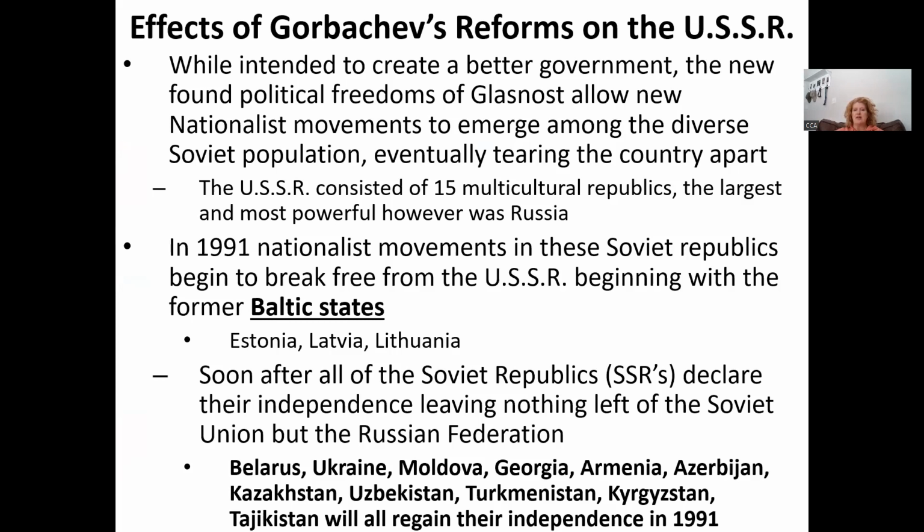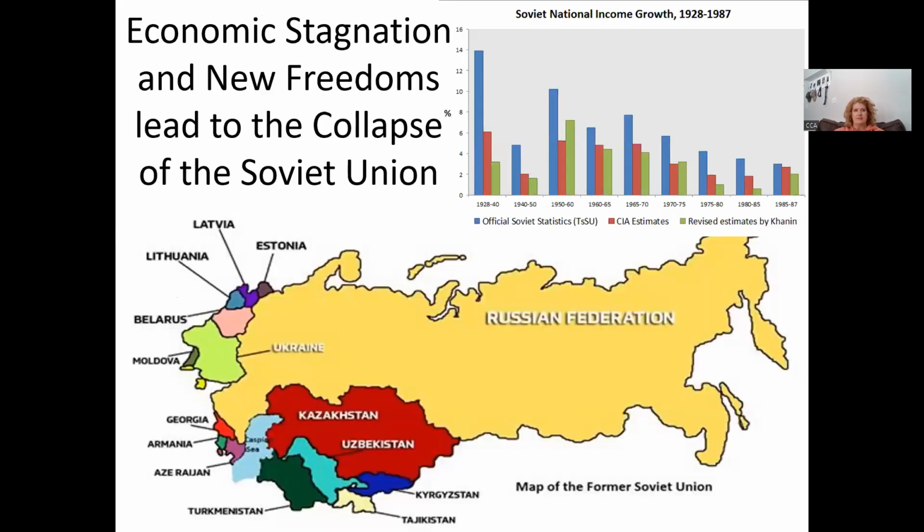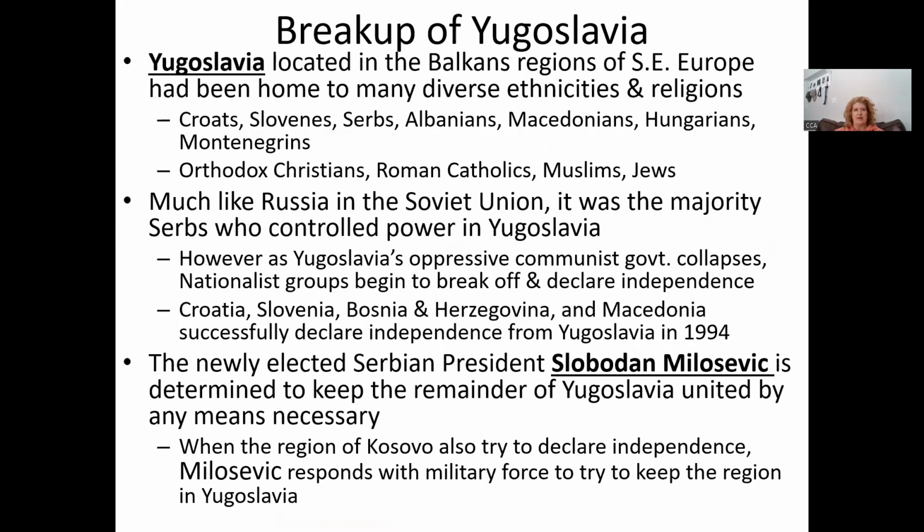That's Estonia, Latvia, and Lithuania. So soon after the Soviet republics declared their independence, all the other nations began to do the same. It lists them again. They all regained their independence by 1991. I'm not going to go over all that.